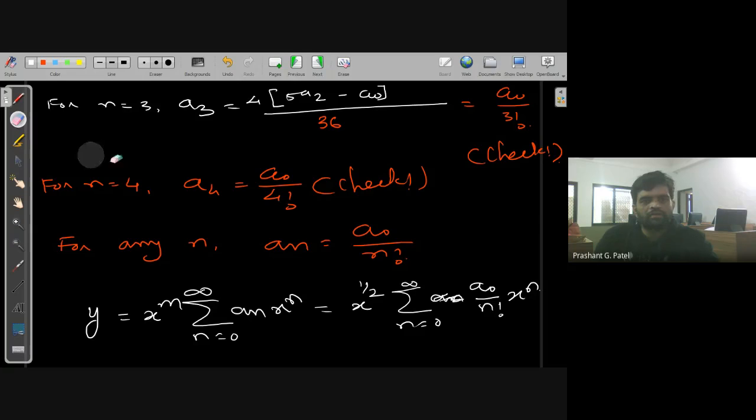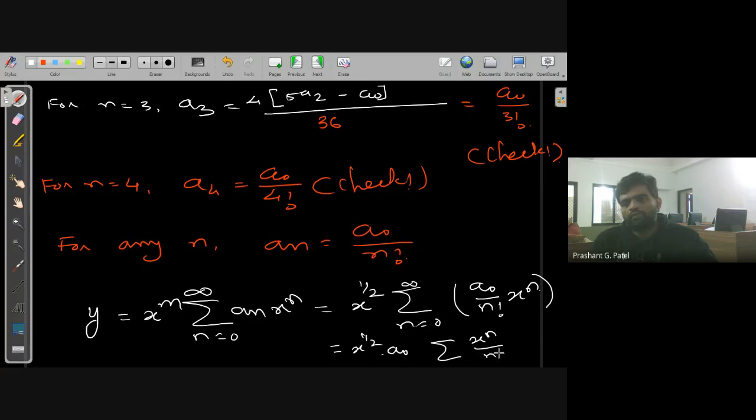And what is this A0 by n factorial? A0 will be common out, then this will be x power 1 by 2 into A0 summation x raised to n upon n factorial, n running from 0 to infinity. Then what will be this summation x raised to n upon n factorial? Yes, anyone?